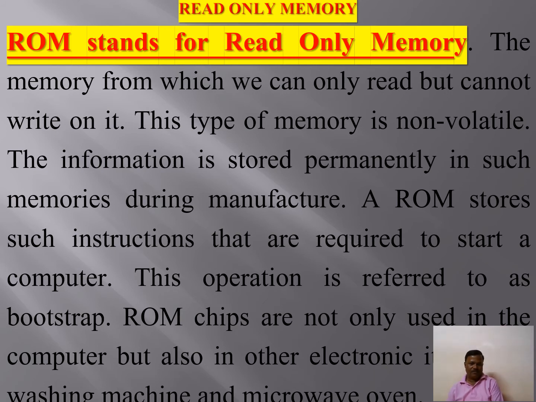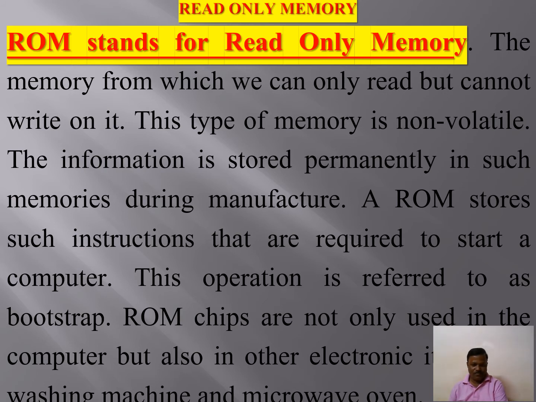EEPROM, electrically erasable and programmable read-only memory. EEPROM is programmed and erased electrically. It can be erased and reprogrammed about 10,000 times. Both erasing and programming take about 4 to 10 milliseconds.